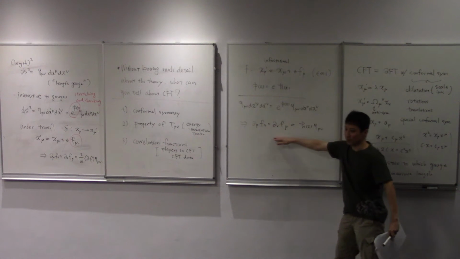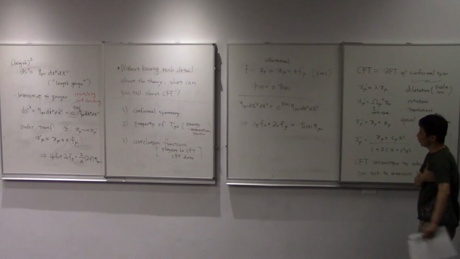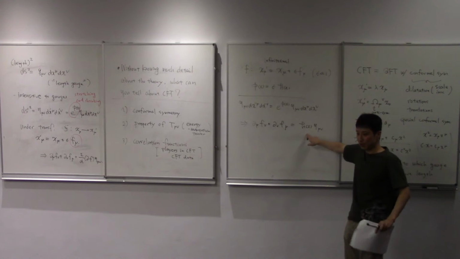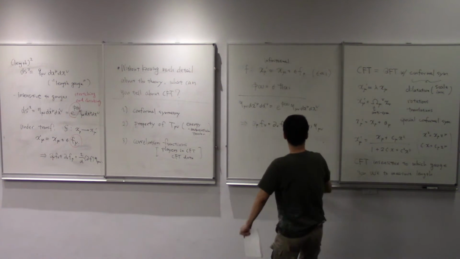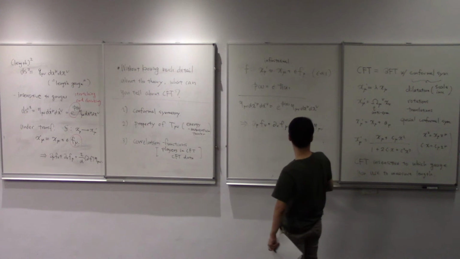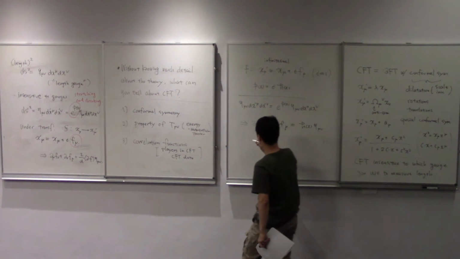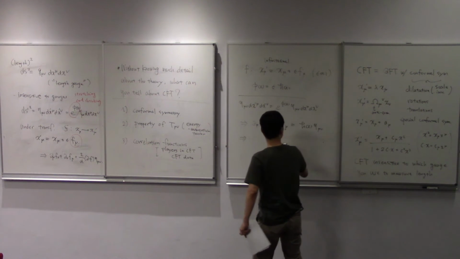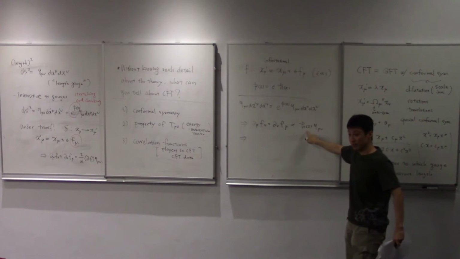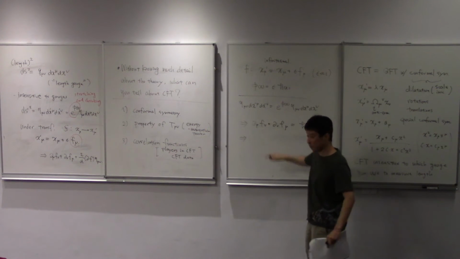So from this equation, what can you learn? You have h of x, which is arbitrary, so you can't gain much, right? But actually this h is given by this f.